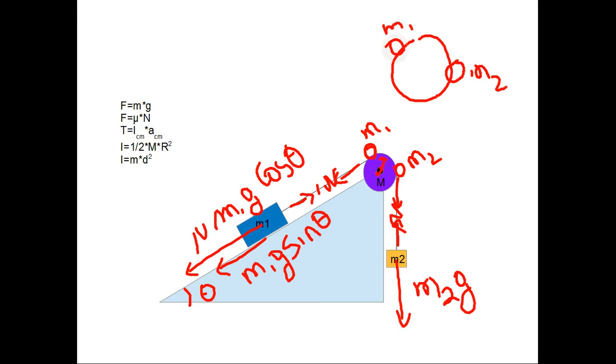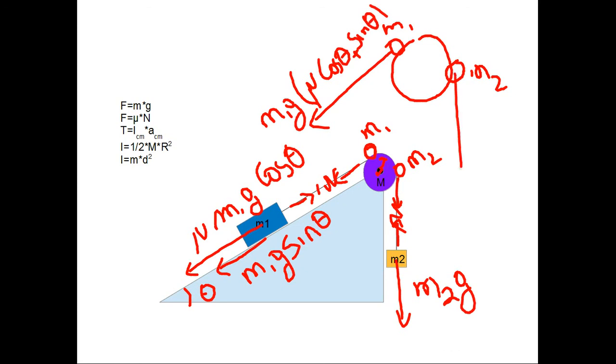The force acting on m1 we can factorize, so it's m1 g times mu cos theta plus sine theta.